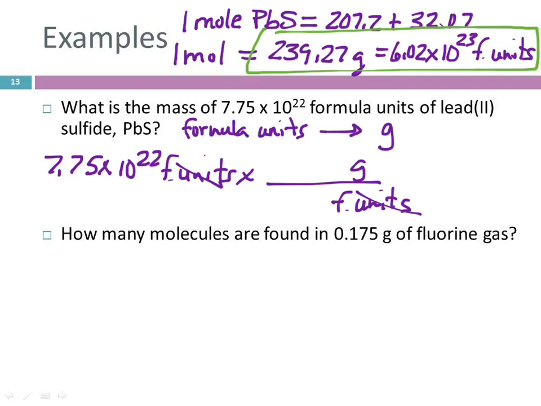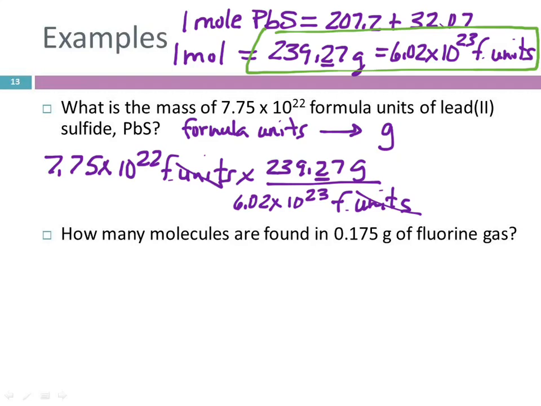The 239.27. I should have underlined, this would have 4 sig figs. So I'm going to underline that just to remind myself that it has 4 sig figs. And then down here, what do I put? Yeah, Avogadro's number, 6.02 times 10 to the 23rd. You need to memorize Avogadro's number. You'll probably do that inadvertently just because we end up using it so often.